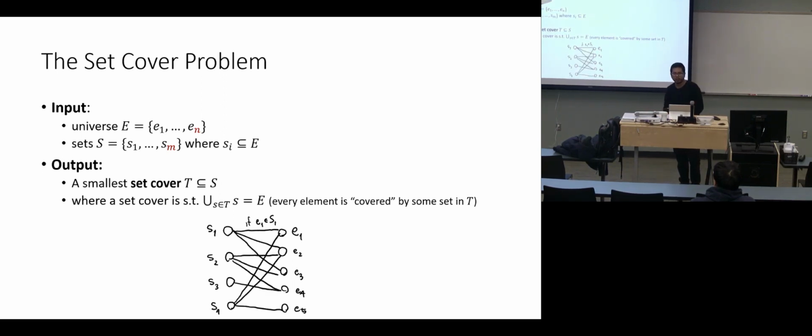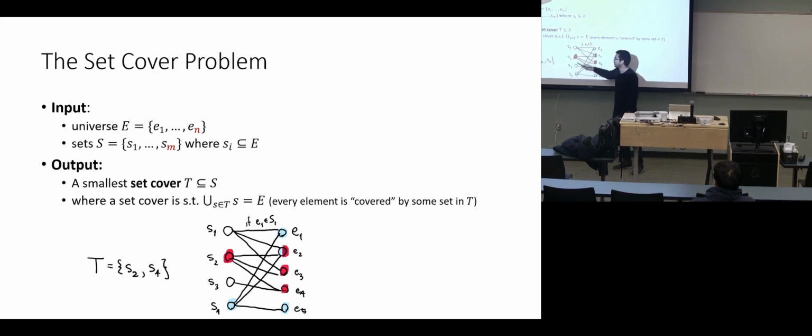So in graph language, what you want is to pick a subset of nodes on the left so that every node on the right is incident to some node on the left that you picked. For example, here, if you choose your set T to be S2 and S4, then every node on the right is incident to some colored node on the left. Okay.